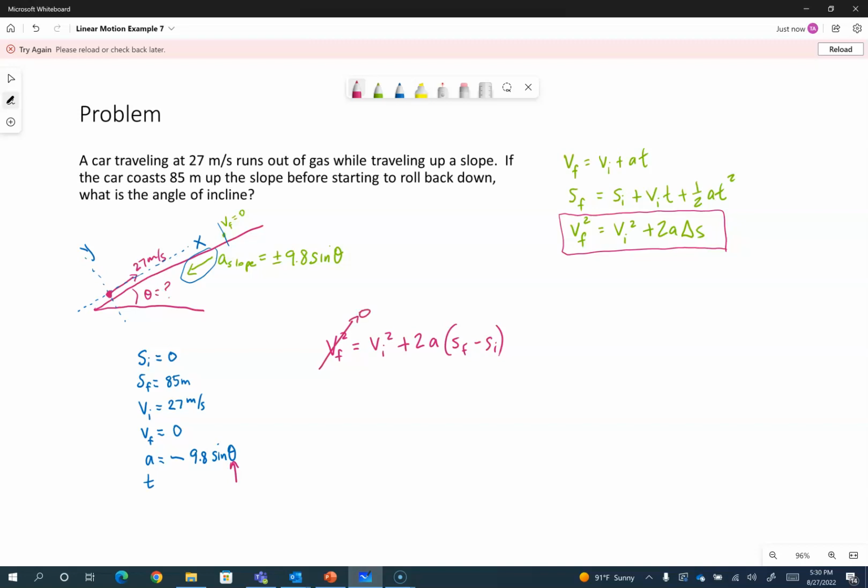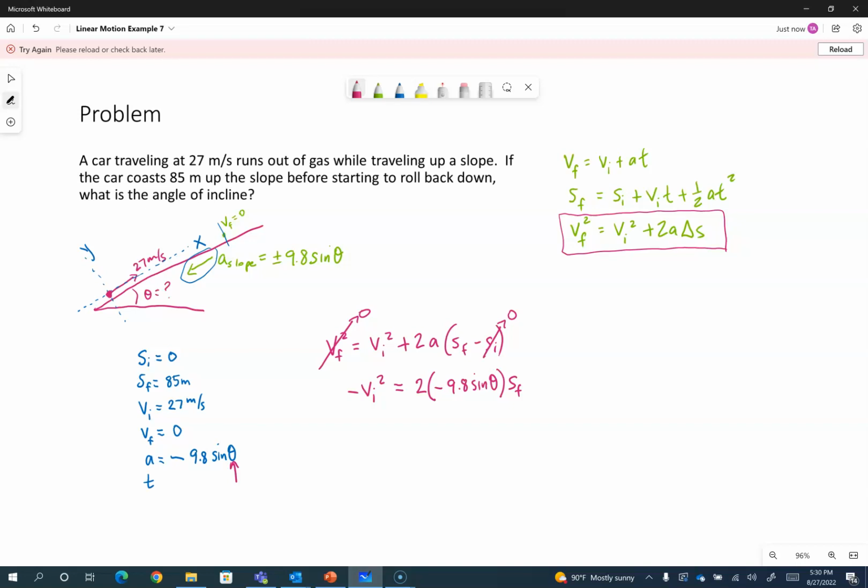According to our system setup, v final is 0, s initial is 0. So I'm going to bring v initial to the other side, and I'm going to go ahead and put in negative 9.8 sine theta.